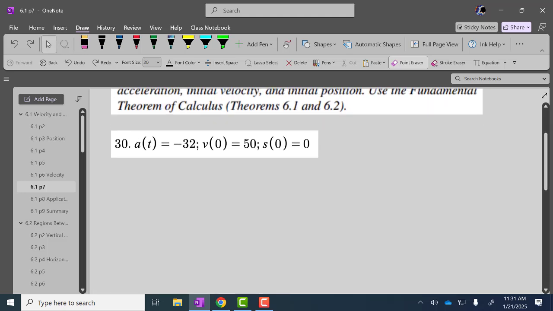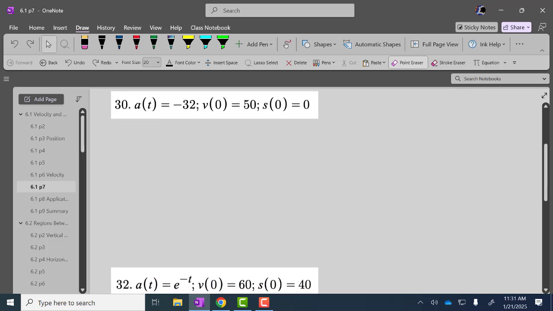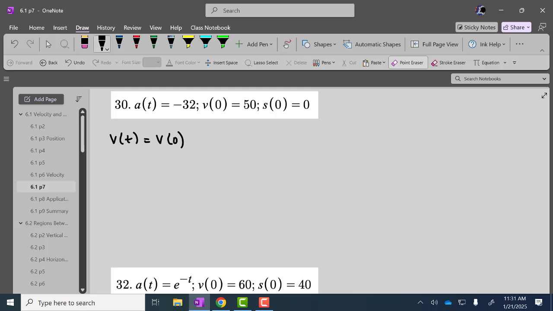Using FTC, fundamental theorem of calculus. So the velocity in the future will be the present velocity, the initial velocity, the velocity at time 0, plus any net change in velocity. And the net change in velocity from our initial time value, 0, to future time value, which is represented by just the t.